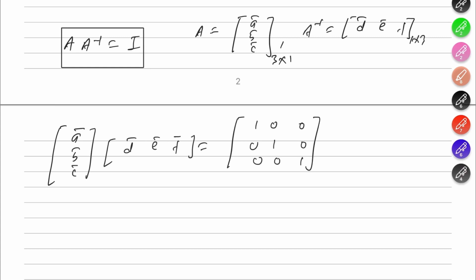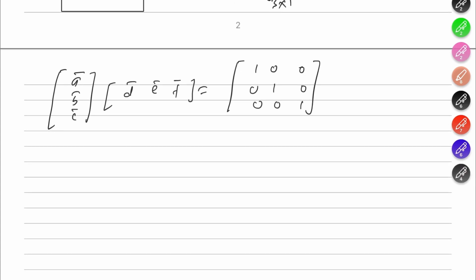Okay. Now if you multiply this, we'll get something like this: A dot D, first row and first column. Then A dot E, first row second column. Then A dot F. That gives the first row of the product of matrix A and A inverse.